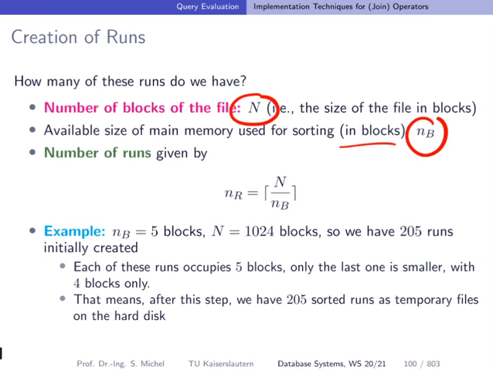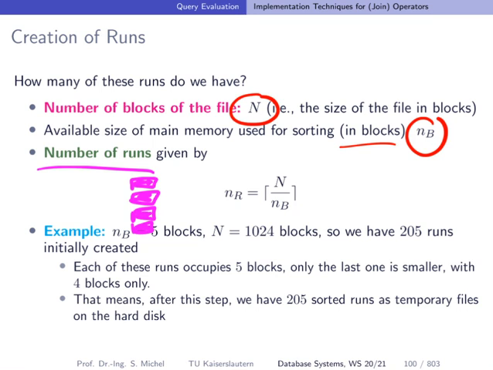And now we can specify the number of runs. This is the number of these little files after the first processing of the unsorted file, where every run has a certain size and is internally sorted already, right? These were these 4 little runs in our tiny example in the beginning, right? So these initial runs. How many do we have?